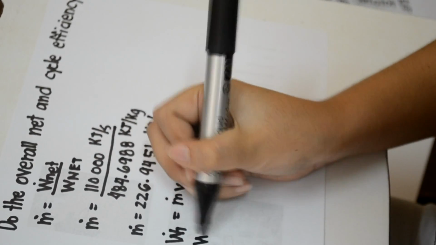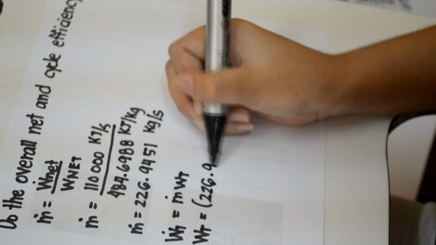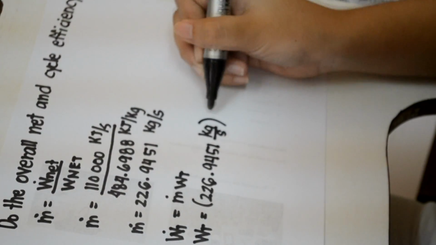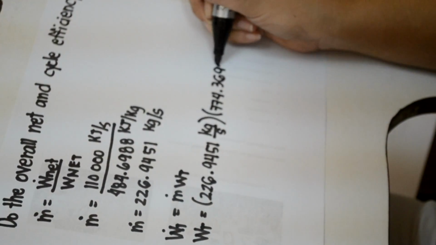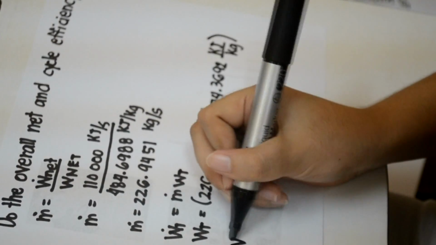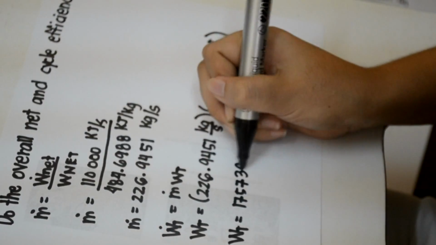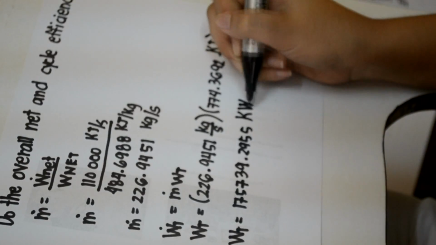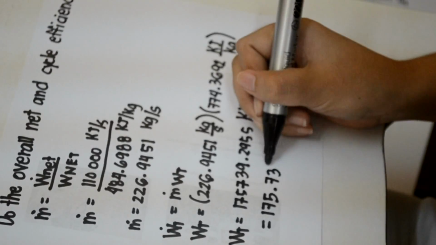Then, substituting the given to the formula, the result will be W dot sub T, or the power output of the turbine, is equal to 226.9451 kilogram per second times the quantity 774.3692 kJ per kilogram. The result will be 175.7393 megawatts.